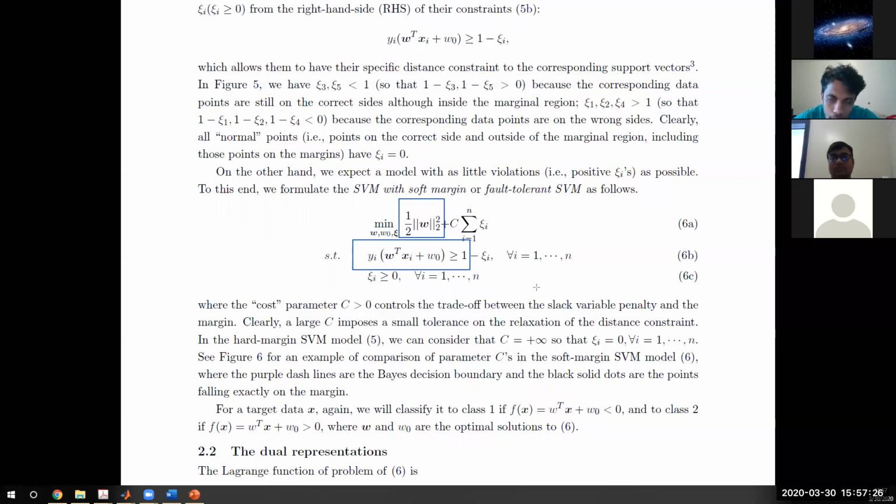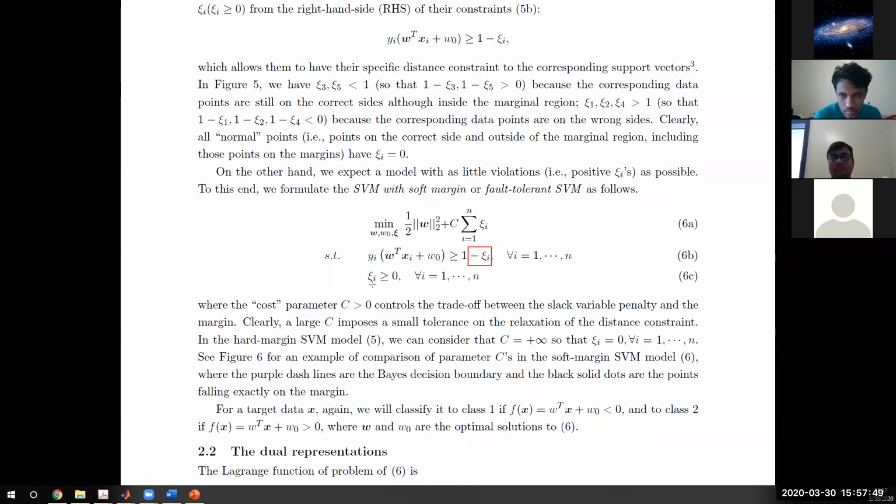The difference is that in the constraint, I added minus xi_i for all the data, where i is the ith data. This is actually a relaxation. For each data point, I allow you to relax this very strong constraint.